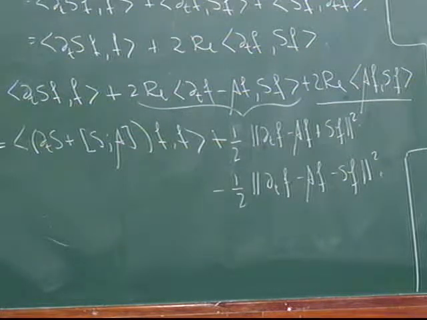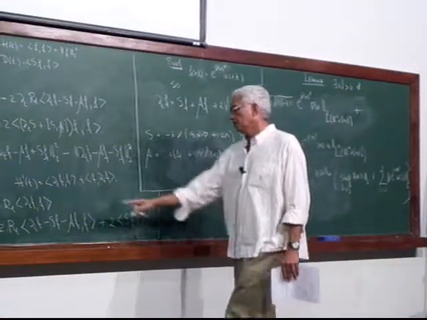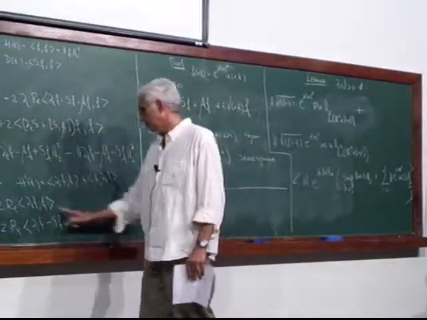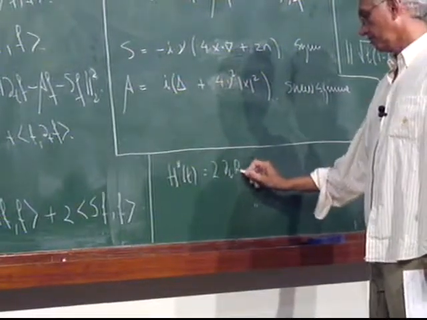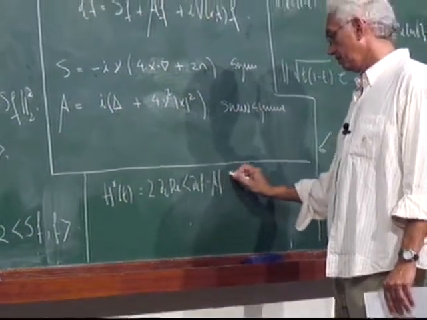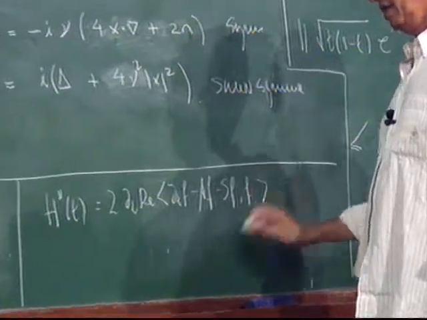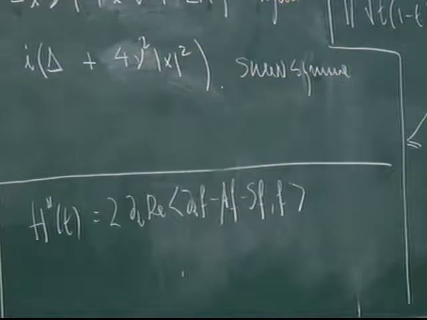Therefore, who is the second derivative of h? Well, the second derivative of h is the derivative of this first term, real part of dt of f minus a of f, f of f, plus twice the derivatives of this. But twice the derivatives of this is twice all this.